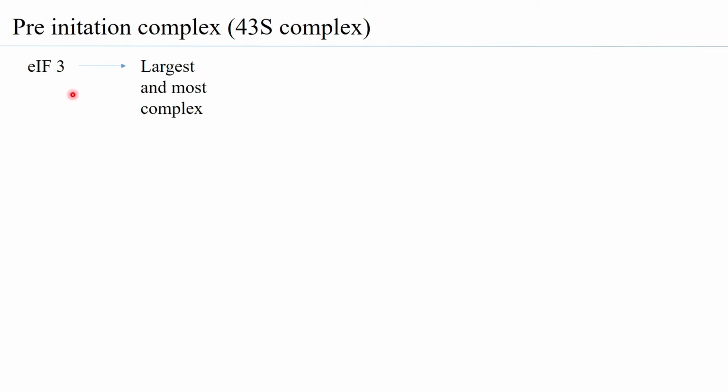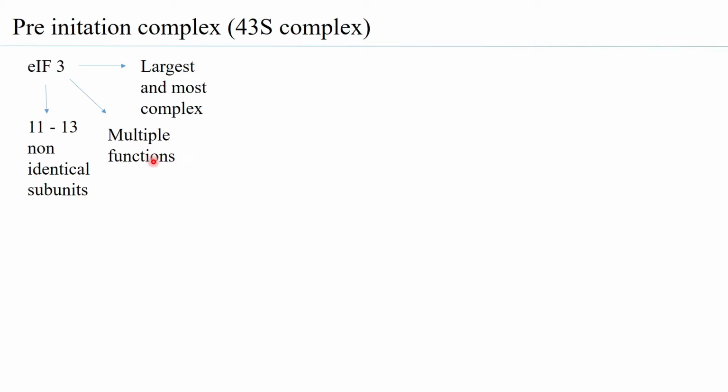Now, EIF3 in itself is the largest and the most complex molecular complex in the pre-initiation complex. So it has been observed that EIF3 itself has about 11 to 13 non-identical subunits, and because it has these many different subunits, it would have multiple functions.